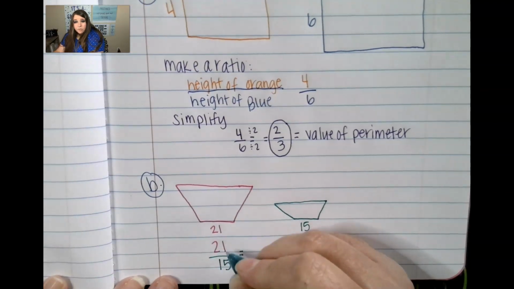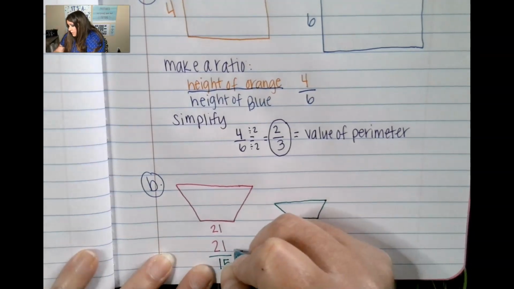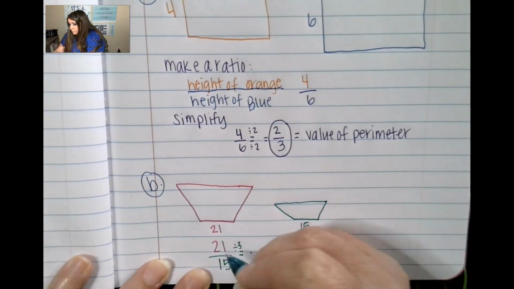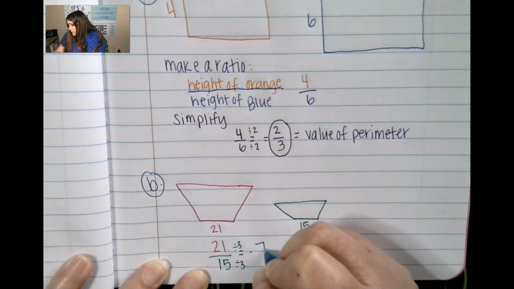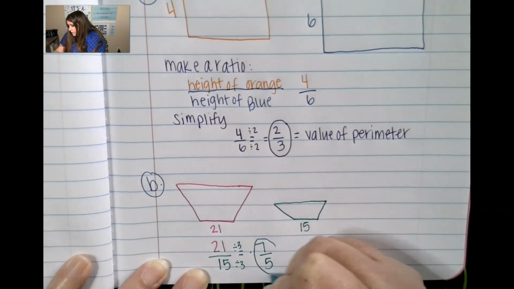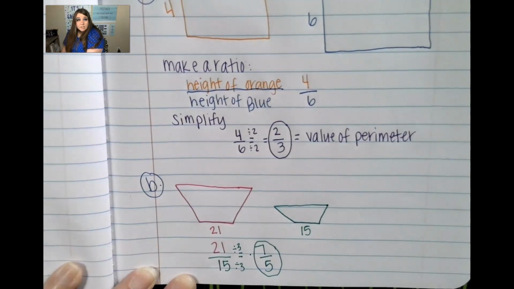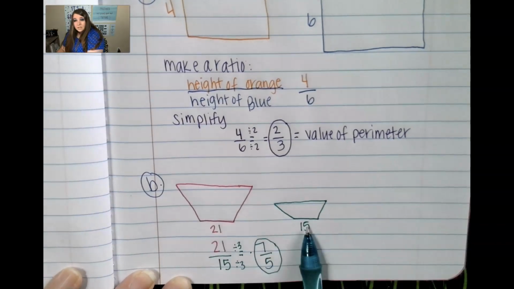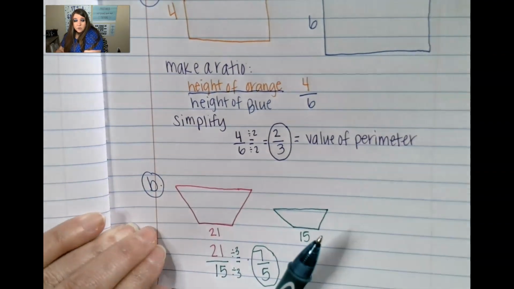Well, they both have 3, right? 3 can go into 21 and 3 can go into 15. So if we divide the top and the bottom, it remains proportionate. So the value of the perimeter is going to be 7 to 5. This is the value of the perimeter. You're just dividing down. That gives you the equivalent value of one to the other, what the scale factor is on how they're staying similar figures.